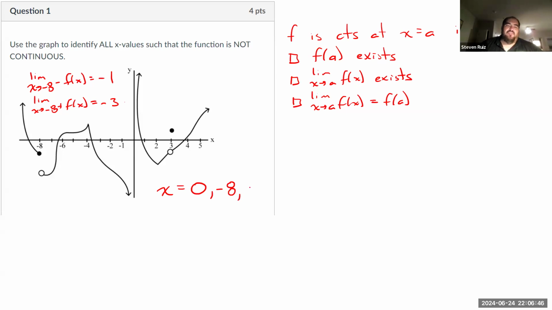I think based on that, I have to include x equals 3. Because at x equals 3, the limit from the left and from the right is clearly a negative number, but the function is defined at what's clearly a positive number. So I think these are the 3 values where f is not continuous.